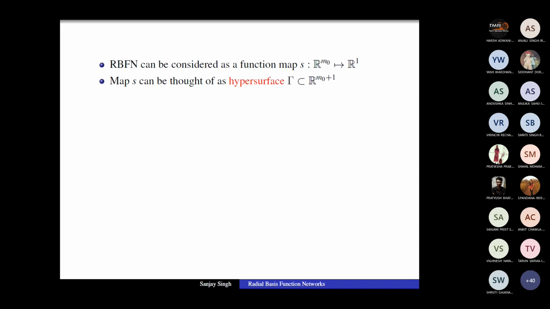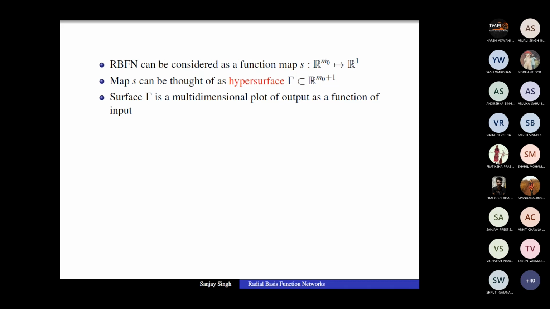Map S can be thought of as some sort of hypersurface gamma, which belongs to m0 plus 1 dimensions. At least it should be a dimension 1 higher than the input space dimension, and that is the hypersurface we are talking about, which we don't know.